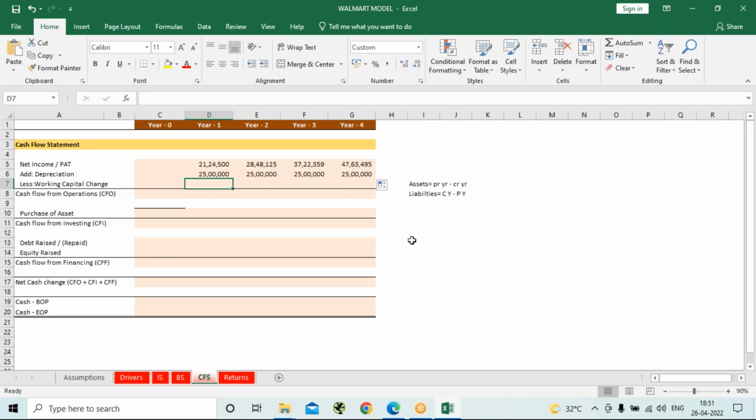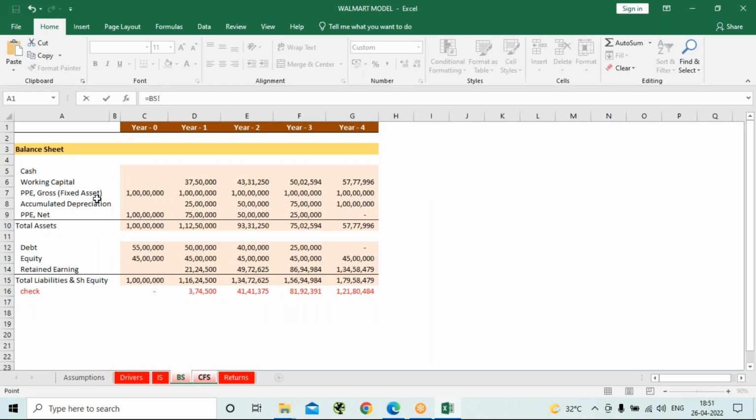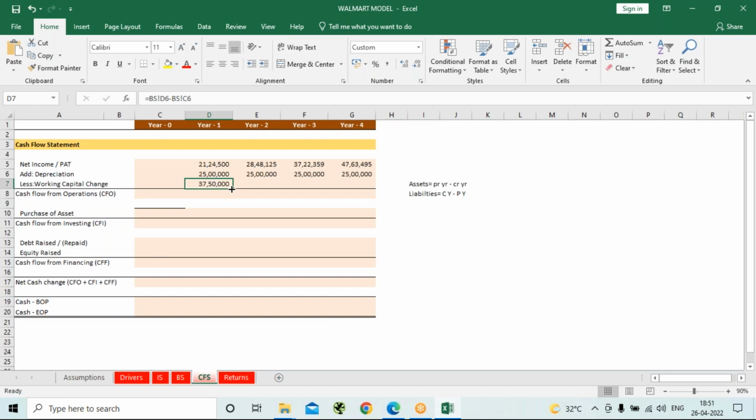So the working capital is given in the balance sheet; take this, minus from the same balance sheet the previous year value, and drag these values. The current year value minus the previous year value. These are the things included in the cash flow statement values.